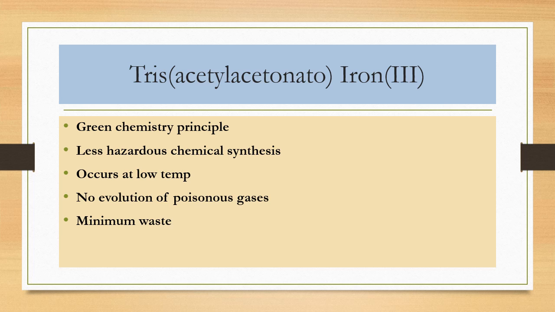Their applications: they are used in organic transformations such as polymerization, hydrogenation, coupling, etc. They are also used in rubber technology, as fungicides, and in pigments as color stabilizers. One thing all should know is that acetylacetone is a dione and it has two linkages with the central metal ion, forming a stable complex, that is tris acetylacetonato iron(III) complex.